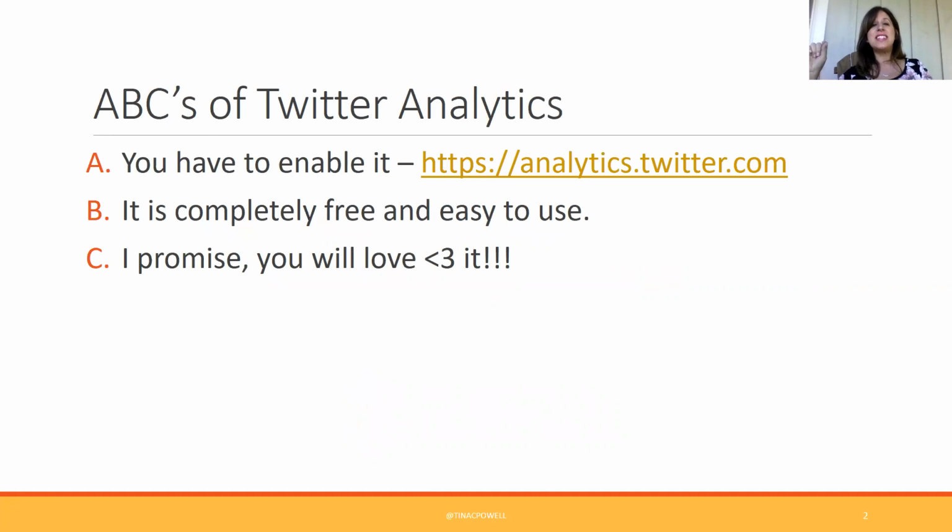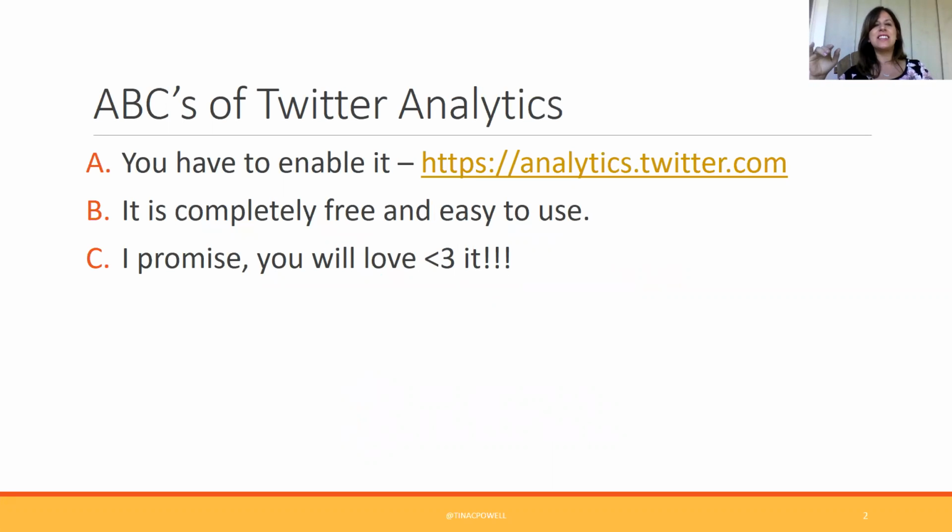The first ABC that I want you to know is that A, you have to enable it. So that is what is tripping people up in the first place. If you go to the website that I have right there for you, analytics.twitter.com, you don't even have to worry about the HTTPS. It'll bring you right there.